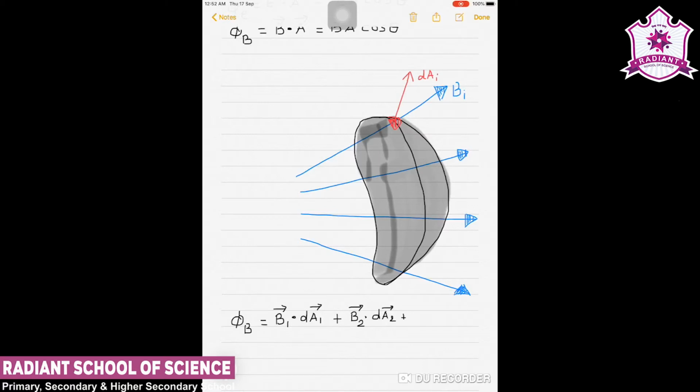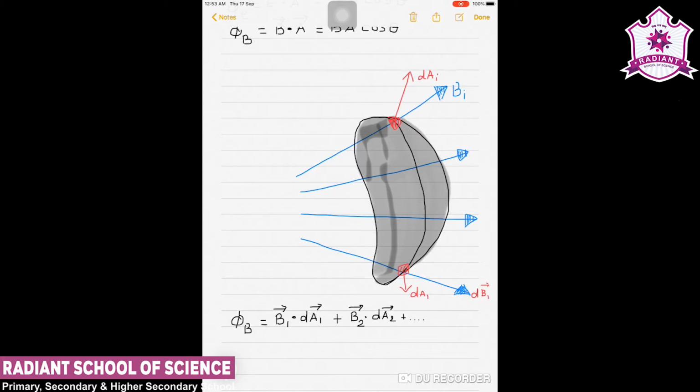If we continue for a longer term, suppose there are many such points, and in this region also we represent some area vector, say dA1, or we can say this is B1 for the given portion.